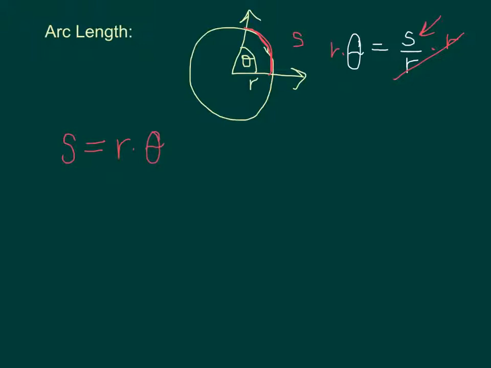Well, we have to remember that theta was a radian measure. And remember, an angle can be measured in degrees or radians. But when you're doing arc length, theta has to be in radians. So what happens if they give you a degree?